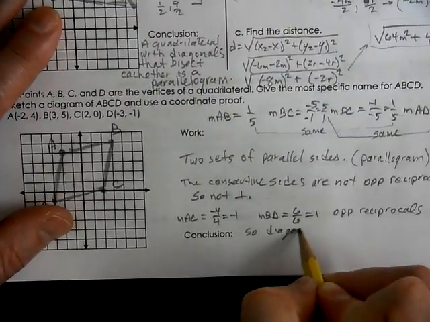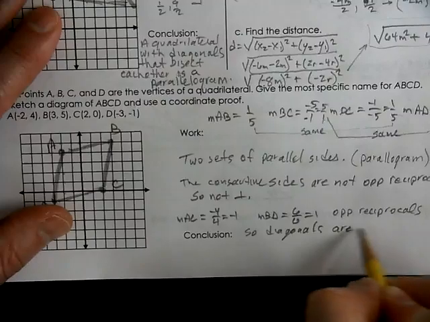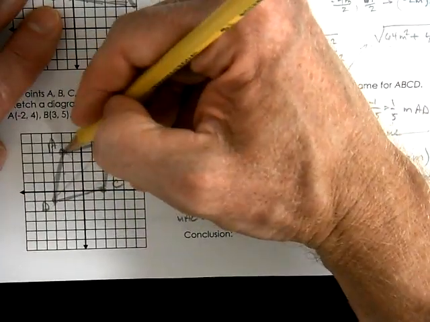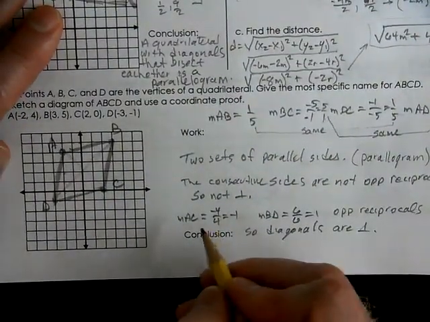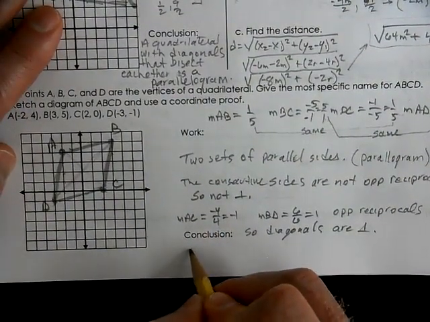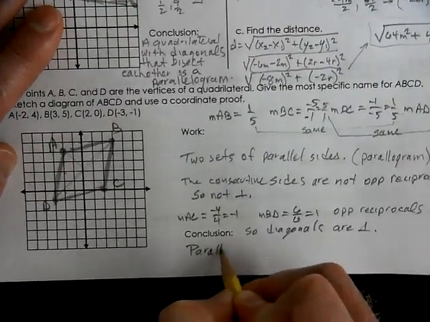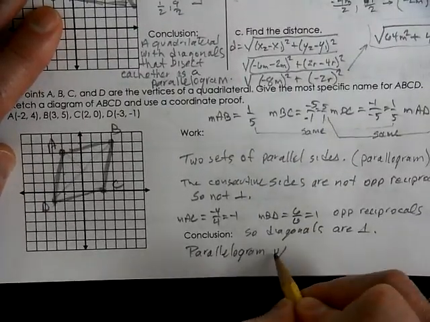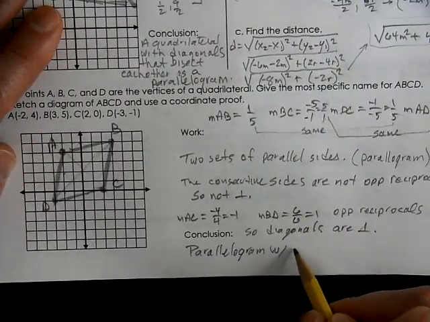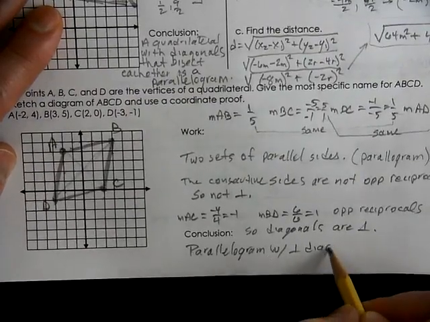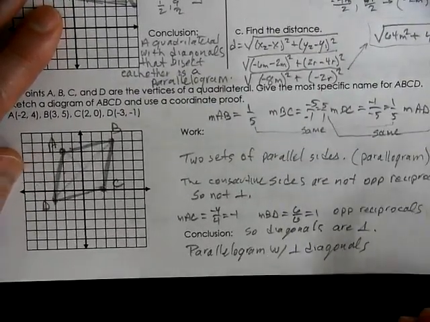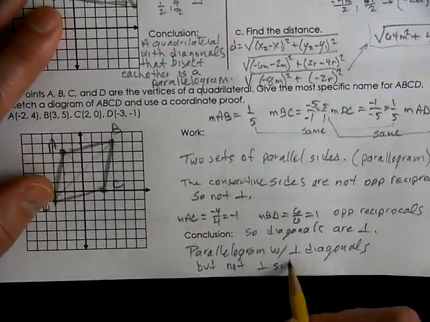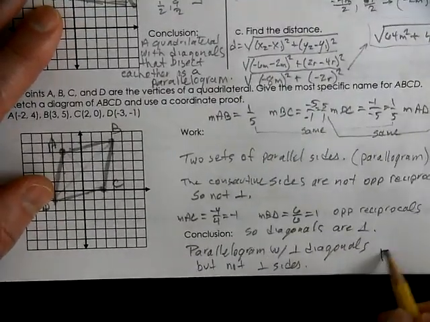So diagonals are perpendicular. These diagonals form right angles. So we have a parallelogram with perpendicular diagonals, but not perpendicular sides. So it's a rhombus.